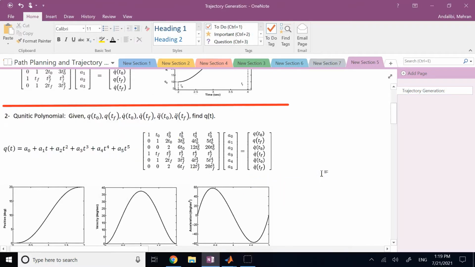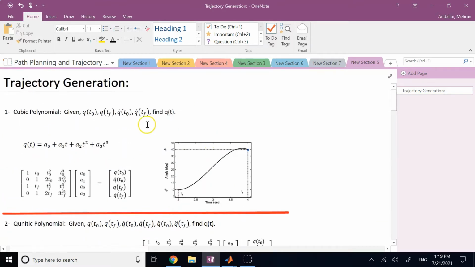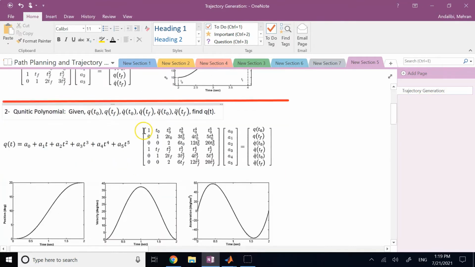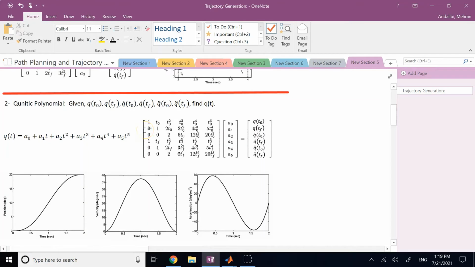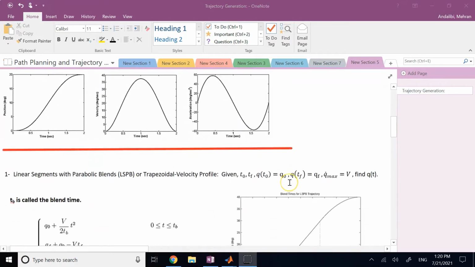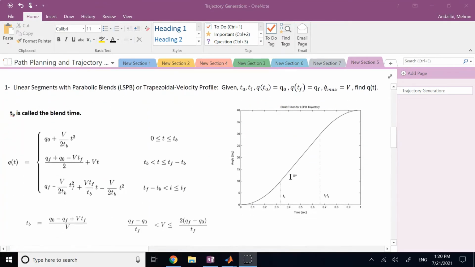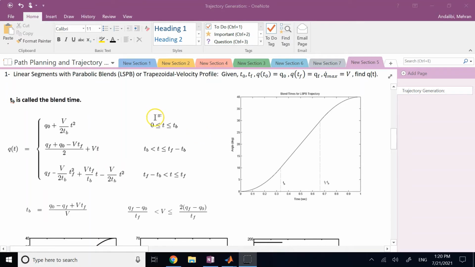Okay, so these are the two polynomials that we typically use, but there are other types of profiles, trajectory profiles that we can use. And one of them is called linear segments with parabolic blends, or LSPB, sometimes also called the trapezoidal-velocity profile.